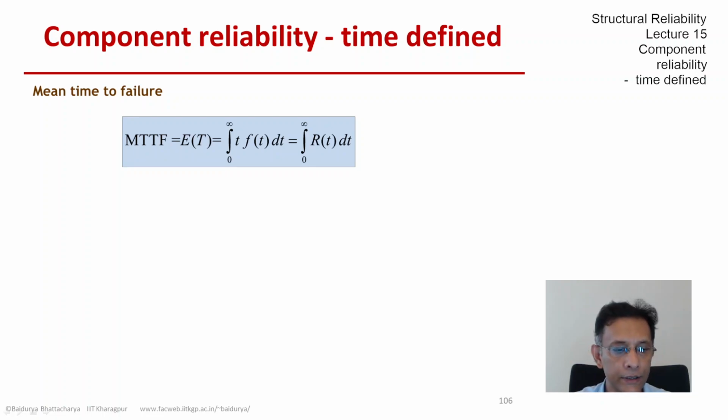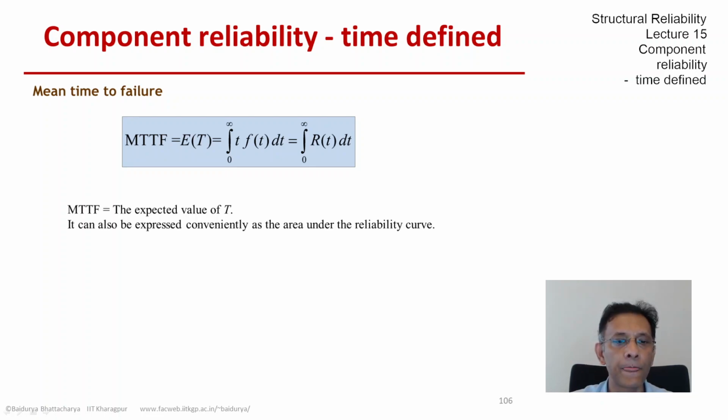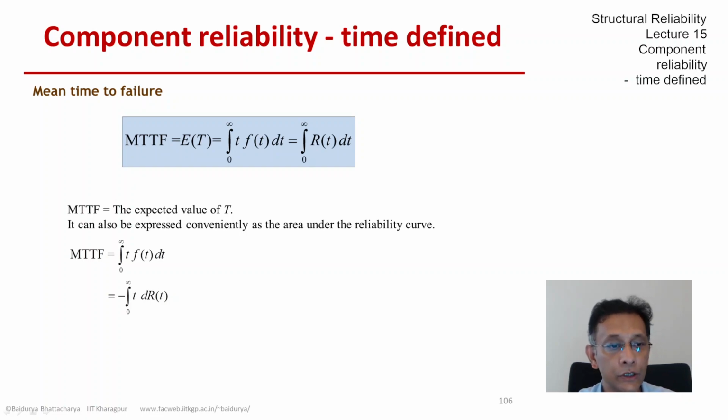Now let's see if we can prove how the last equation comes, that the MTTF is the area under R of t. By definition, MTTF is, as you see there, the integration of t f(t) over the entire range.